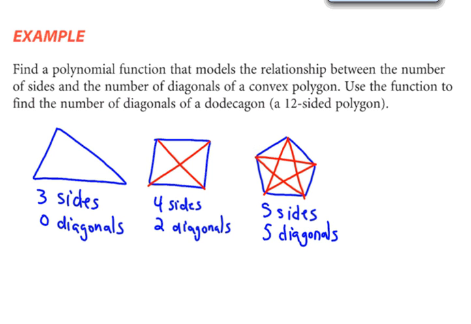Okay, so next we have the hexagon. 1, 2, 3, 4, 5, 6.